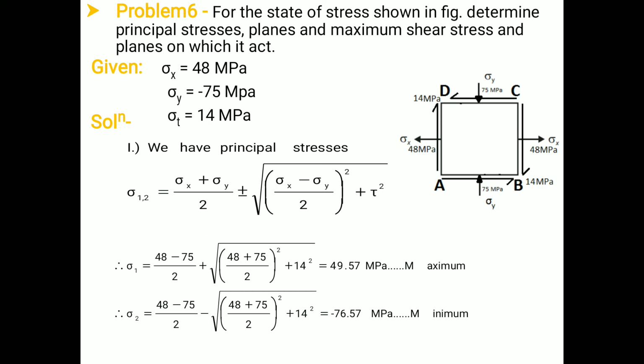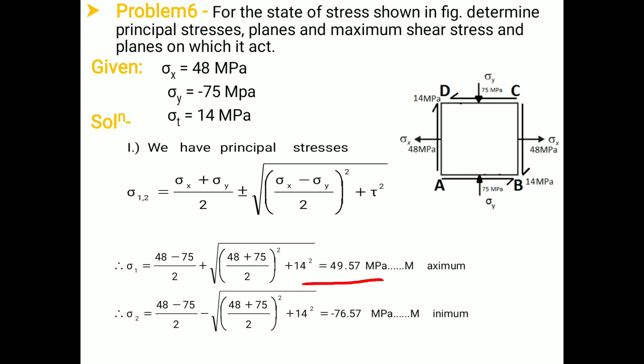On putting the values of sigma x and sigma y into this equation, sigma 1 can be given by 49.57 MPa. Now as we have to find out the principal stresses maximum and minimum, for the maximum value you use the plus sign, and for the minimum value you use the negative sign. So the principal stresses maximum and minimum are 46.57 MPa and minus 76.57 MPa.